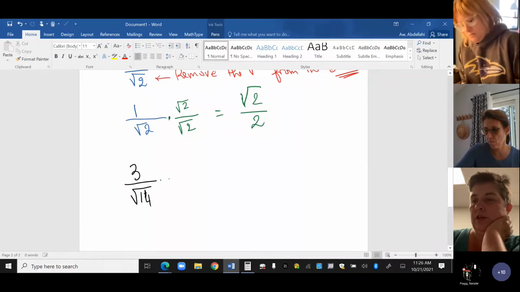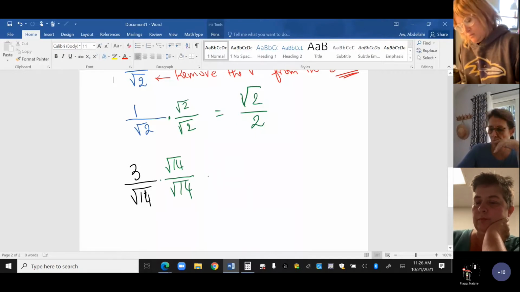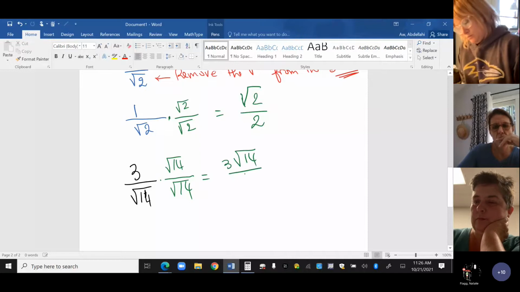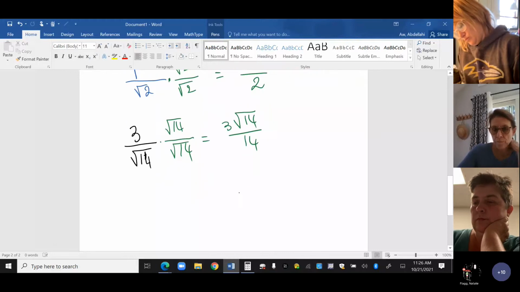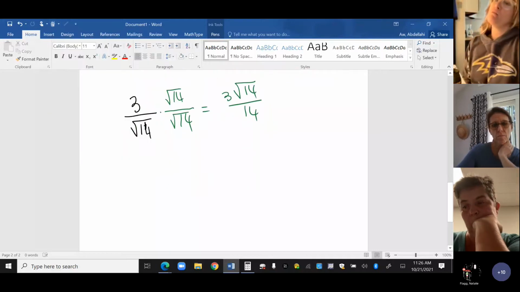Square root of 14. Exactly. So now my new numerator will be 3√14 over 14. That's it.